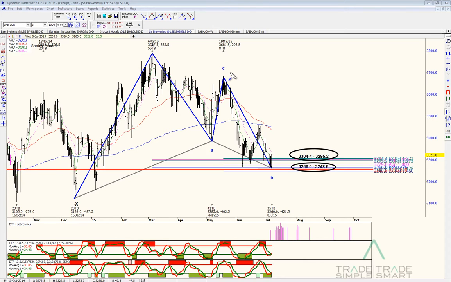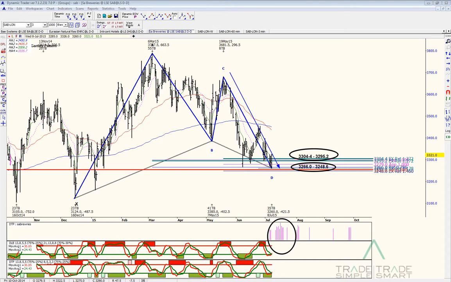Now the CD leg of the harmonic pattern has entered into our first and second zone and has found some significant support.